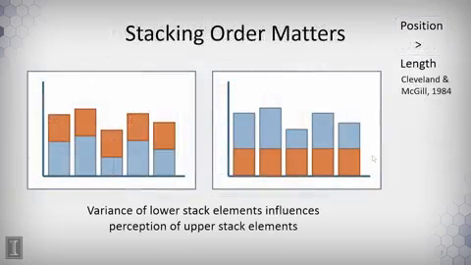Also, stacking order matters. I've got the same data plotted on the left and on the right. On the left, I've plotted the blue variable first, and then I've stacked the red variable on top of that. On the right side, I've plotted the red variable first, and I've stacked the blue variable on top of that. On the right, it's easy to see that the red variable isn't changing across the horizontal axis.